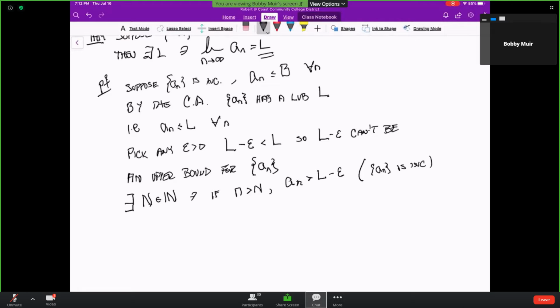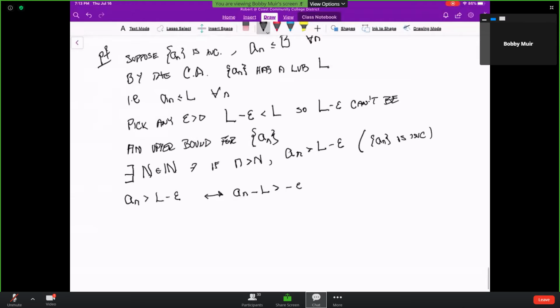If I do some rearranging, I've got A_n is larger than L minus epsilon. So that's going to tell me that A_n minus L is larger than negative epsilon. Multiply both sides by -1 to get L minus A_n is going to be less than positive epsilon.